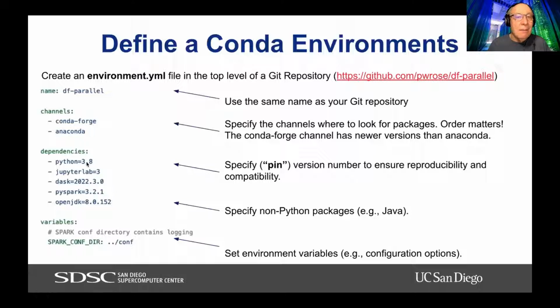Let's say I want to run Python 3.8, JupyterLab 3, and then I have a few other dependencies like Dask and PySpark and so on. To make it reproducible, it's best to give it a version number here, and it's called pinning a version number to make sure it's reproducible down the line.